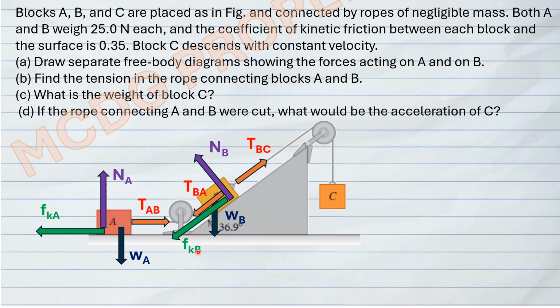Then, of course, you have the force of kinetic friction going in this direction, the kinetic friction between block B and the inclined surface. For block C, you have the tension that connects B and C, and then you have the weight of block C. So these are the forces acting on the three blocks.